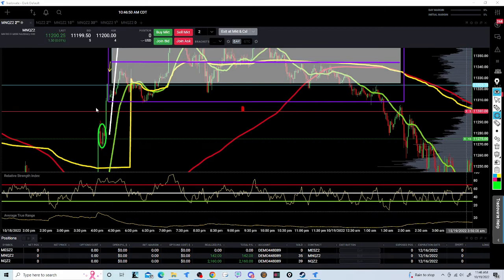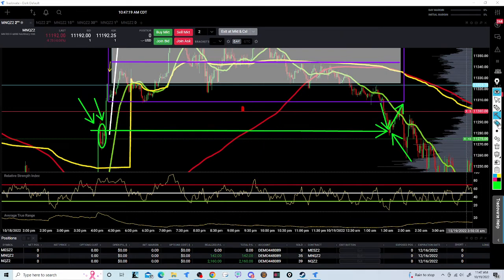Okay? Because this is where sellers were trying to push the price down here. So you're probably going to have a reversal in this area right here. Okay? Because a lot of traders are going to look left like this, see this area, and they're going to know that we could possibly get a bounce to retest this zone.